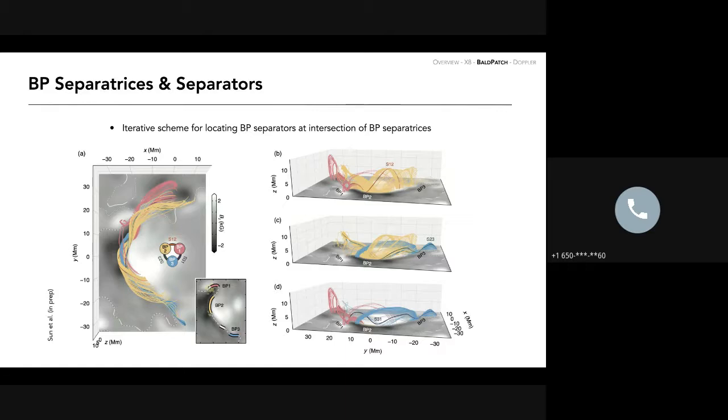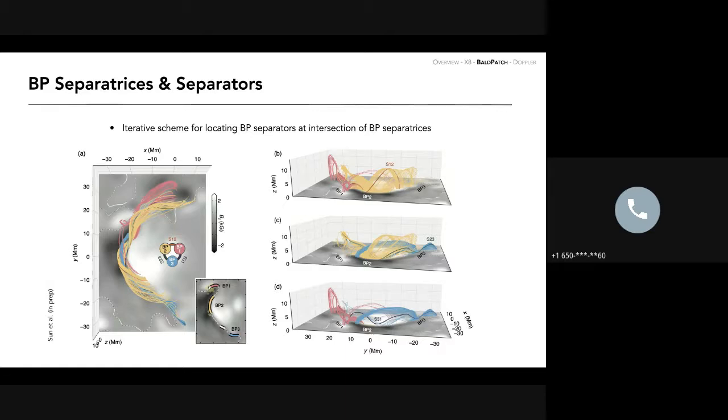And on the right, you see 3 different views. Each time I'm showing you the field lines from 2 of the 3 bald patches. You can see these are highly wound, and they are surfaces, and they are intersecting with one another.